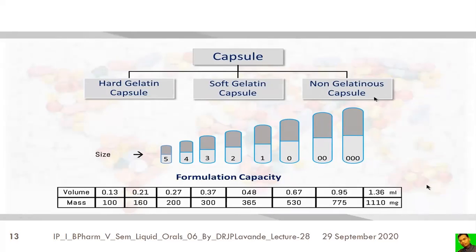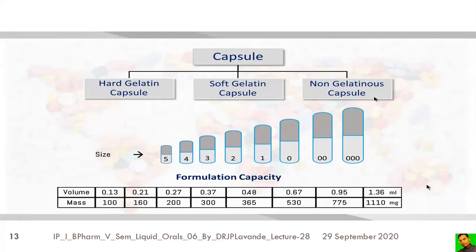You can see the capacity, that is the mass and its volume. As we move from left to right from 5 to 000, the mass goes on increasing and at the same time the volume goes on increasing.